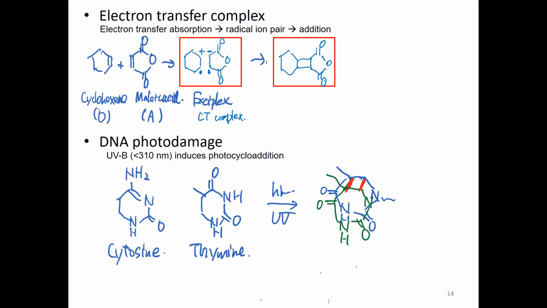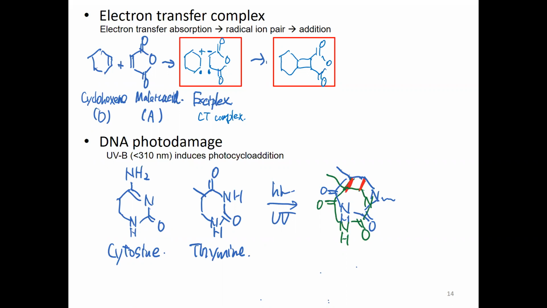And also another topic: the dimerization, where alkene molecules close to form a cyclic structure, is one of the DNA photo damages.